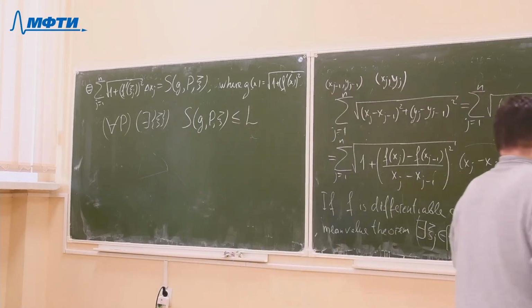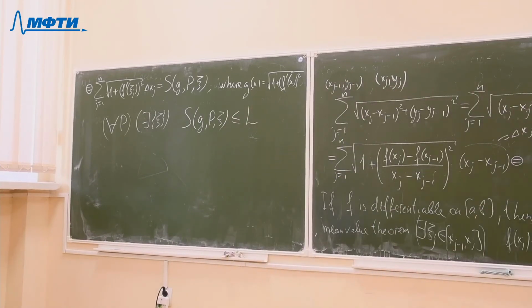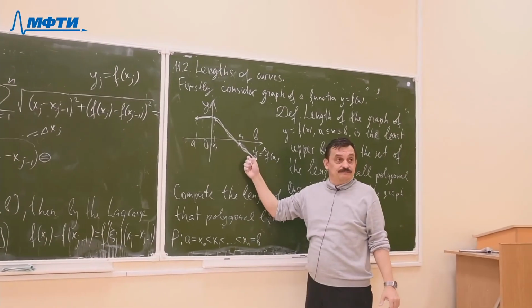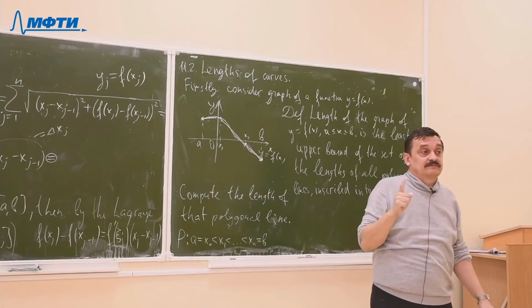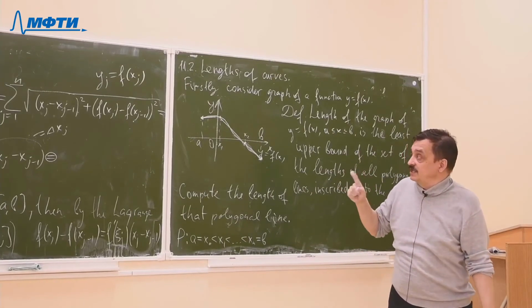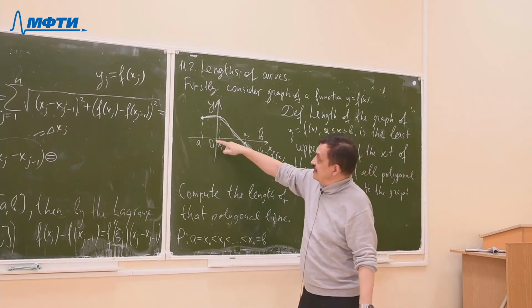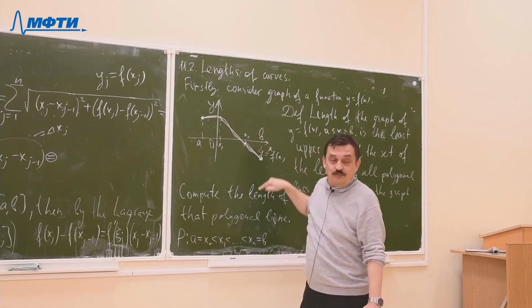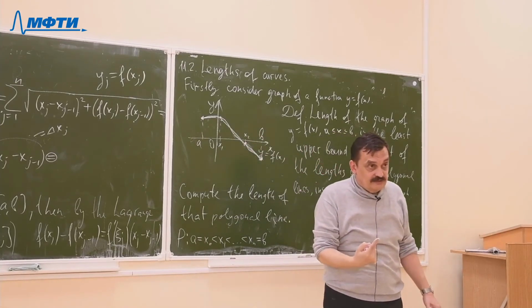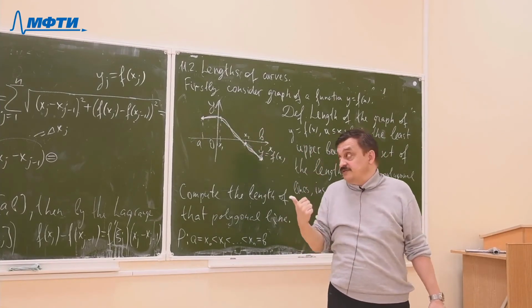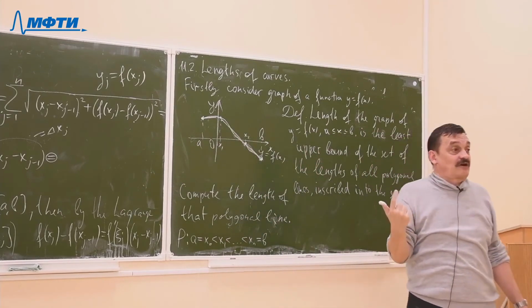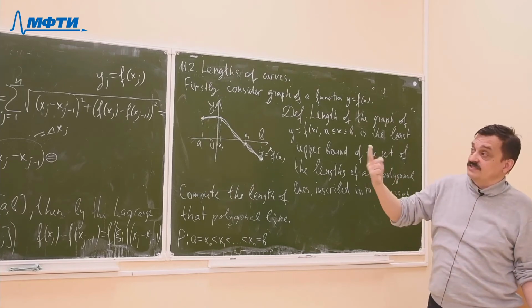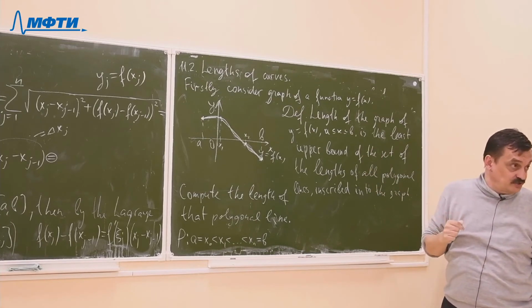Look. Because remember, those xi's are chosen in such a way that this integral sum is equal to the length of this polygonal line, right? And the length of this polygonal line is for sure less or equal to the length of our graph. So this is valid for an arbitrary partition.